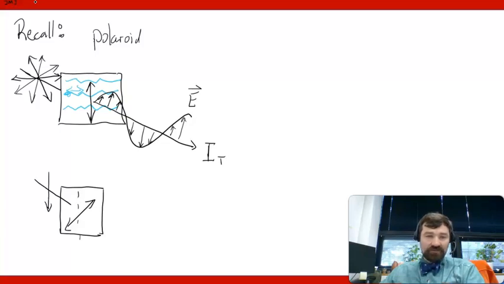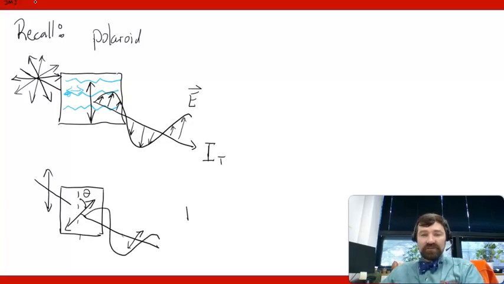So here's the input polarization, here's angle theta, and then of course the output will now be in the direction of the polarization axis. We found that the law that governed this, which is called Malus's law, is that the incident intensity times the cosine squared of the angle theta gives us the transmitted intensity. So that is what we need to remember from our last session.